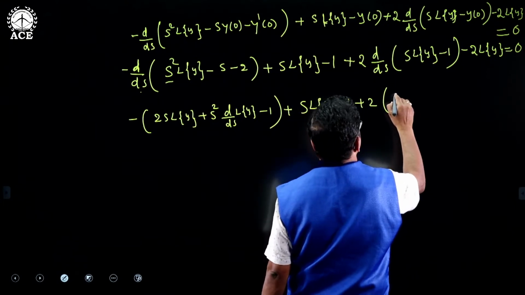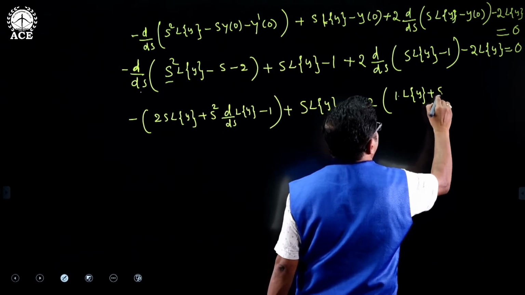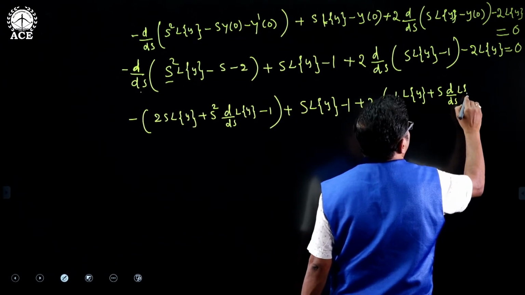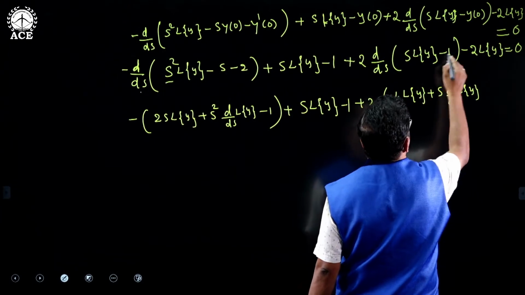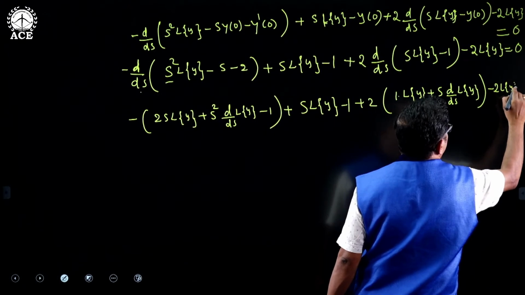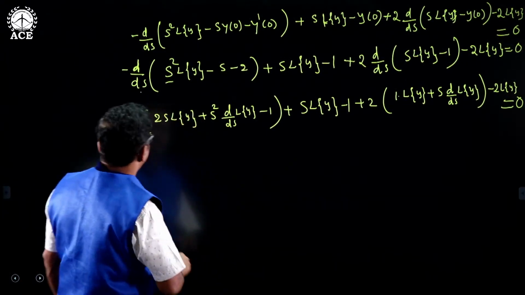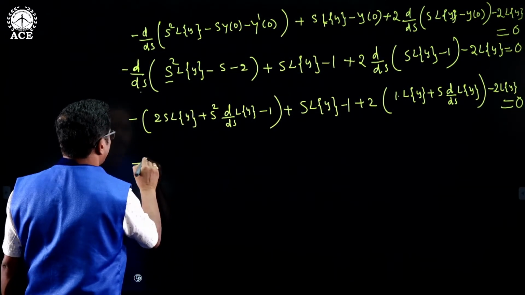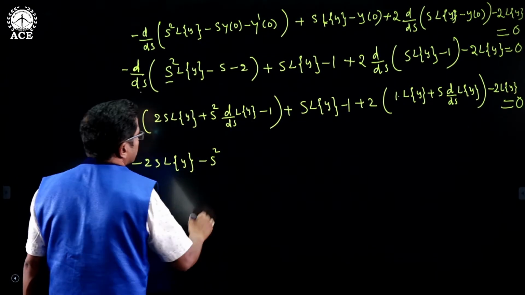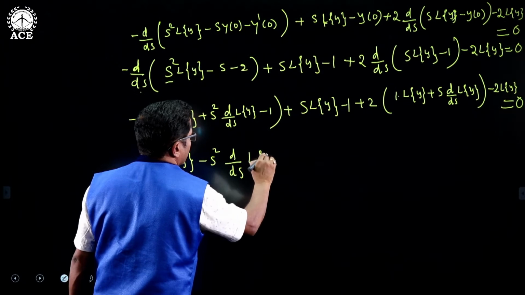So here s differentiation 1 L of y plus s into d by ds of L of y, minus differentiation of 1 is going to be 0, minus 2 into L of y is going to be 0. Okay. So then you multiply by minus 2s into L of y minus s square d by ds of L of y.